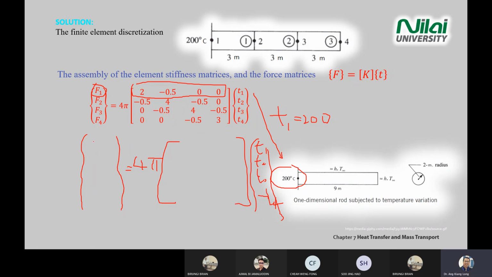What is the first number that you should write on the top here? Chia? What number can you write by using T1 equal 200?